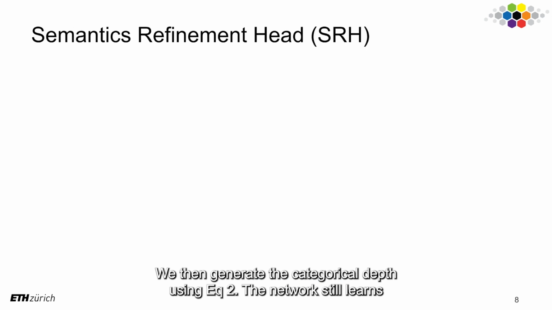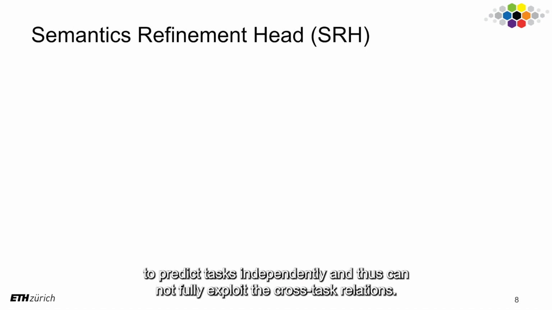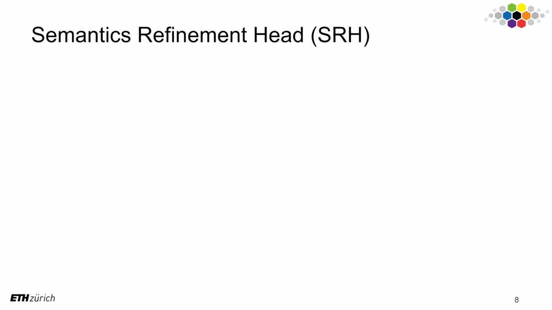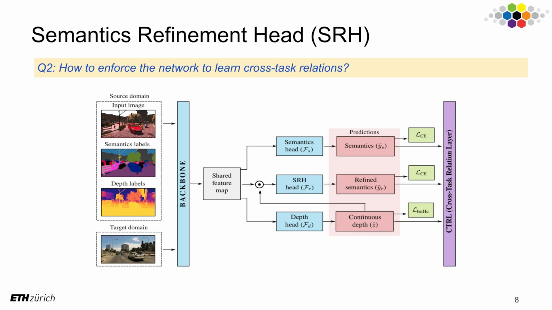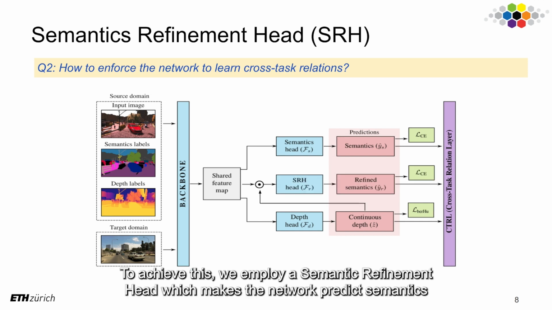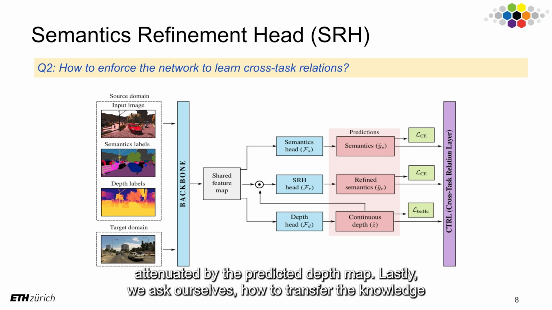The network still learns to predict tasks independently and thus cannot fully exploit the cross-task relations. So the next question is how to enforce the network to learn cross-task relations. To achieve this, we employ a semantic refinement head, which makes the network predict semantics attenuated by the predicted depth map.